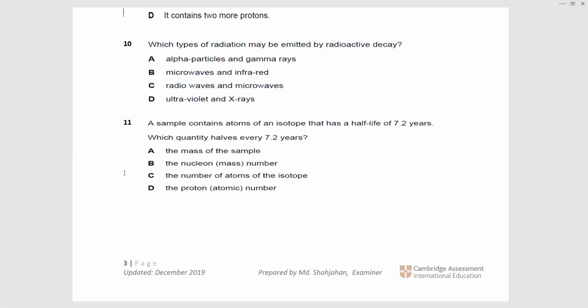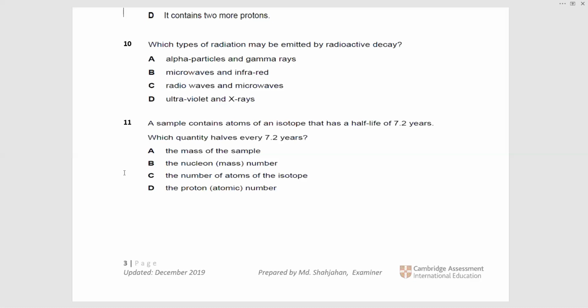No. Is it B? What? It's C. So why is it not A, why is it not B? I'm explaining here. The mass of the sample remains the same because the product is also there, right?